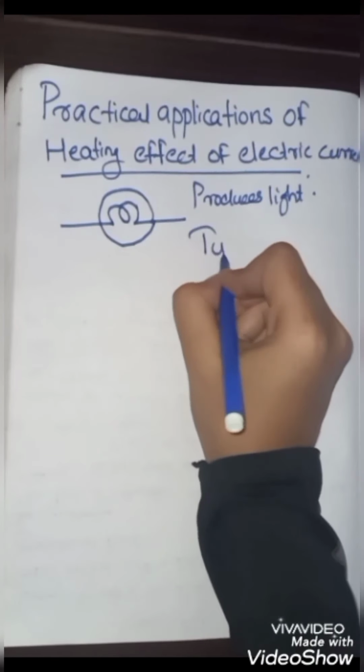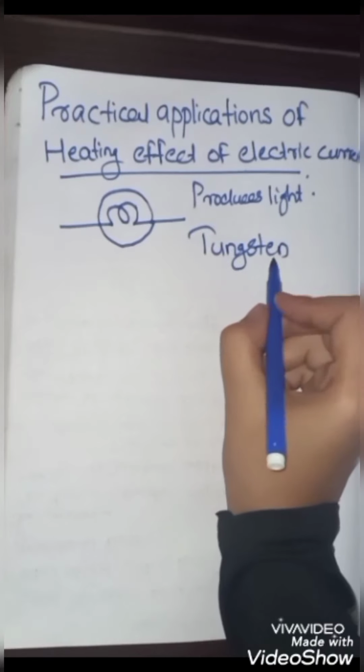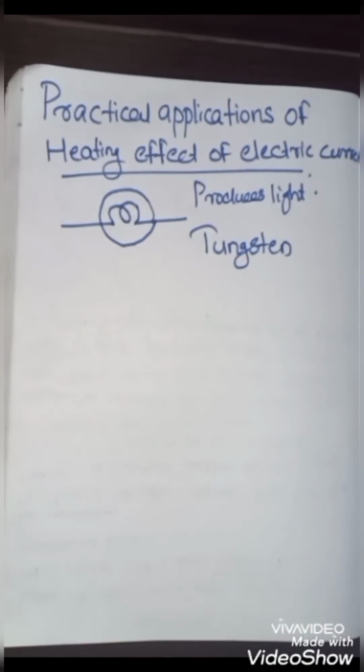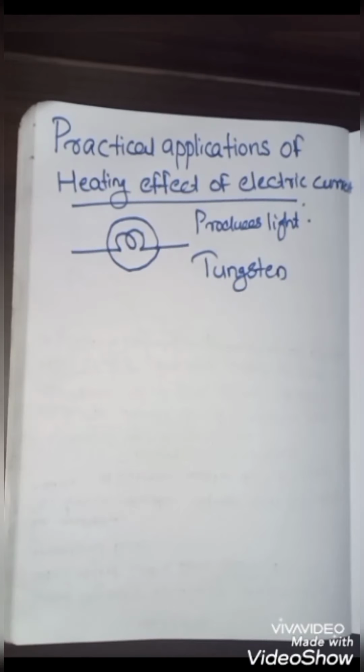We studied in the previous class that tungsten is used in the filaments of electric bulbs. Why is tungsten used as the filament of an electric bulb? Tungsten has high resistivity. Because of the high resistivity of tungsten, tungsten is used for the filament of an electric bulb.